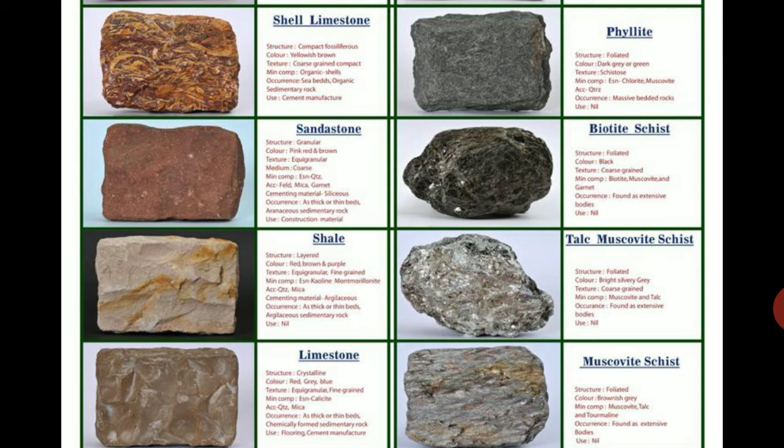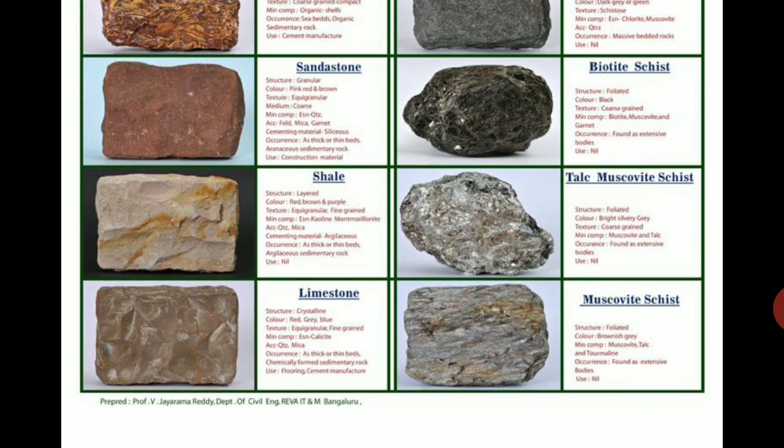Accessory minerals are quartz and mica. Cementing material is argillaceous. Occurrence as thick or thin beds, an argillaceous sedimentary rock. Uses: shale will not be used in construction as it is a soft rock.